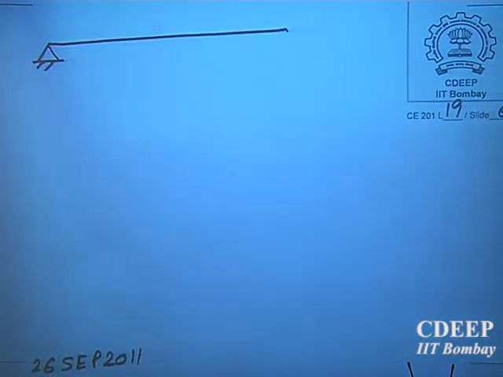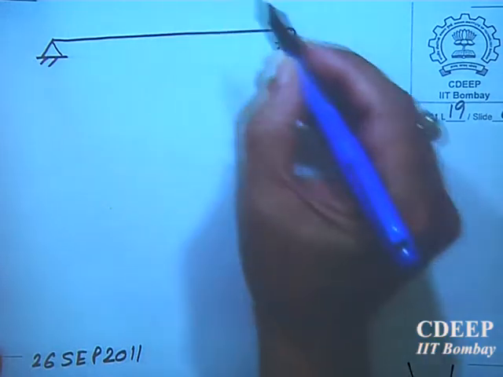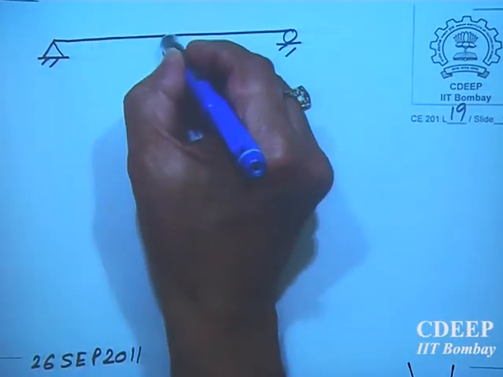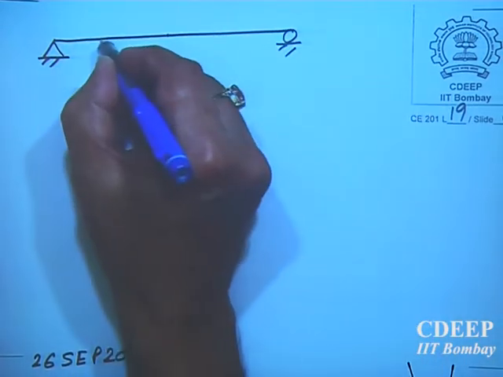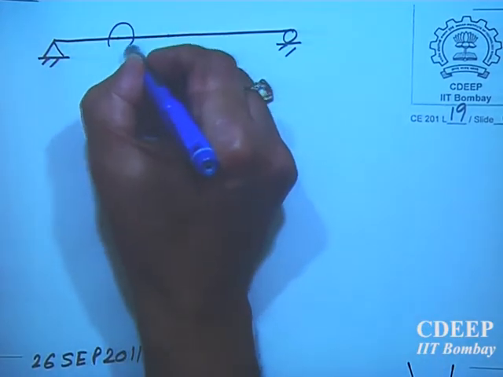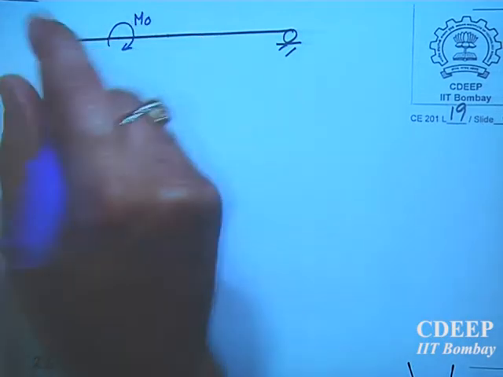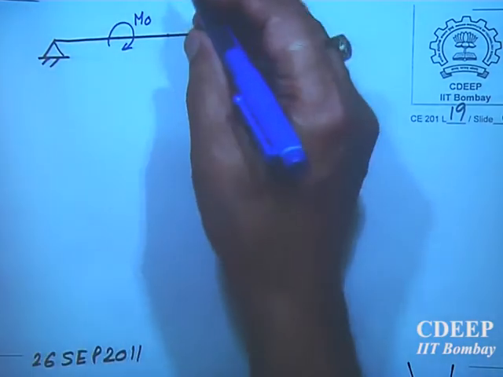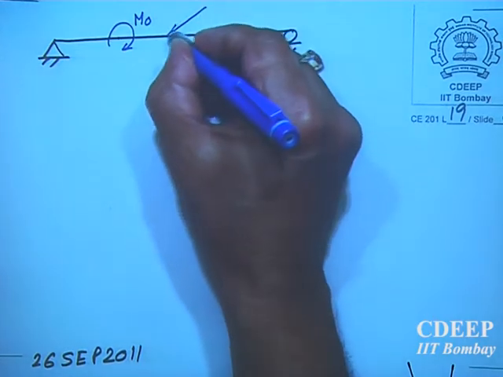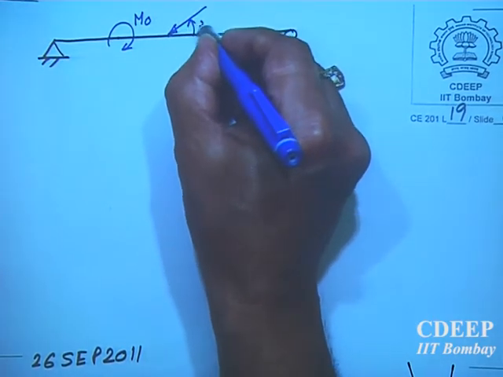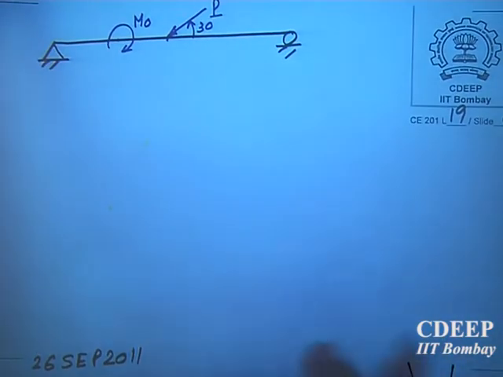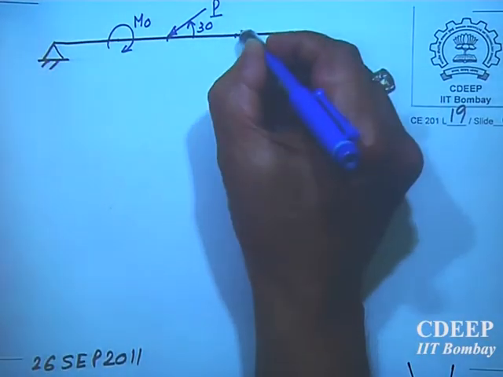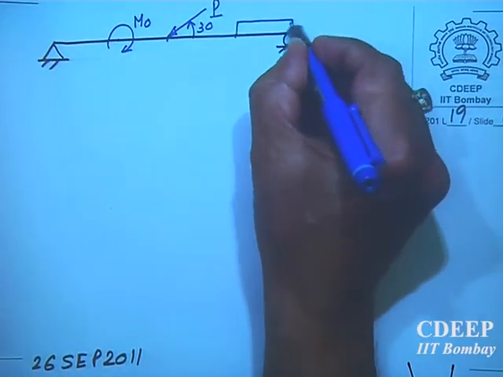Alright, so next one. Now let us say that I have this problem. I have a bending moment, a simply supported beam. I am not changing. I will change after this problem. At 1/4 I have a bending M0. M0 applied at L/4. Then at the center, at L/2, at 30 degrees, I am having a load P. And then again L/4 here, I am having distributed load.